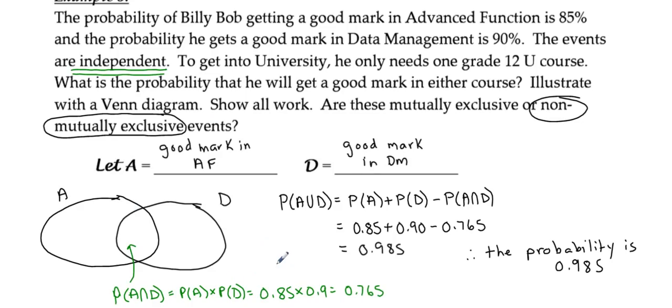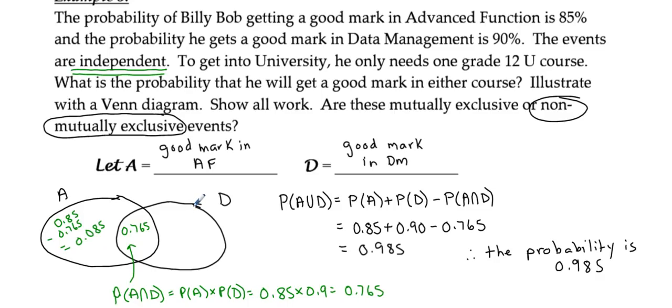If we were to label this Venn diagram, we just found out that the middle part was 0.765. And since we know that the probability of getting a good mark in advanced functions, the entire circle, is 0.85, if you subtract 0.765, then that means just this section, which is A only, would be equal to 0.085.